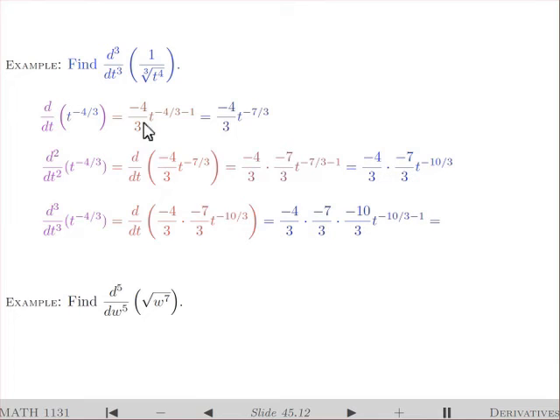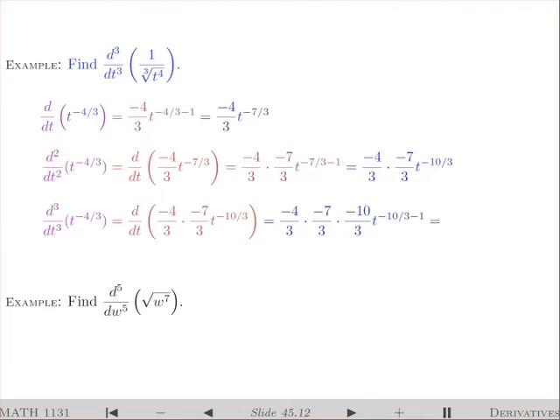Before we simplify this, do the calculations and write our final answer, let me point out a very simple pattern here. We started with t to some power and found the third derivative. In the third derivative, I have three factors in front. These are negative 4 thirds, negative 7 thirds, and negative 10 thirds.